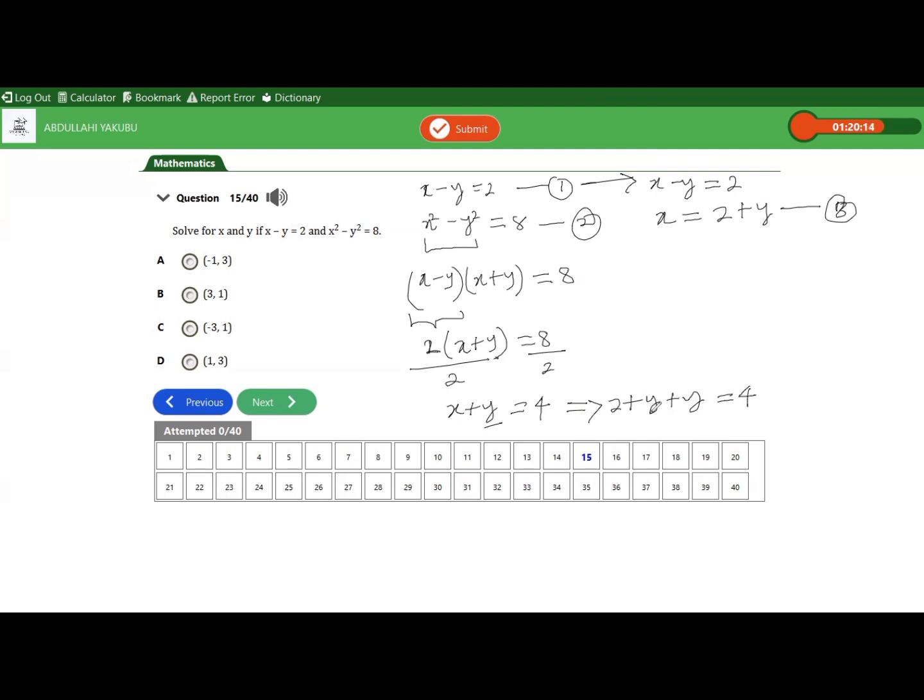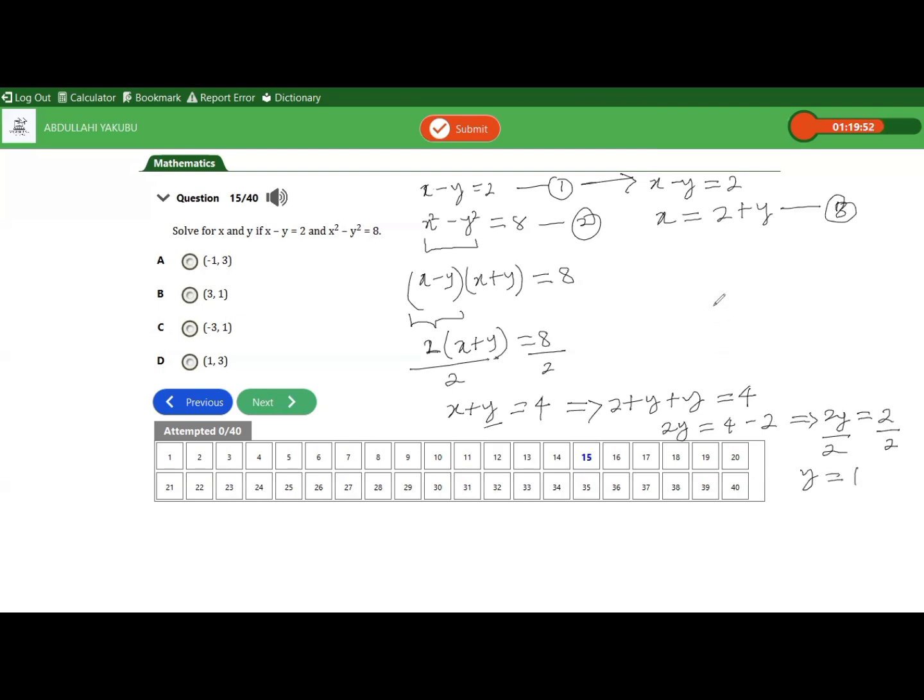is equal to 4. So that I can have y plus y is 2y is equal to 4 minus 2. I believe you understand this one crossing the equality sign, which implies that 2y is equal to 2. Divide both sides by 2, y is equal to 1.